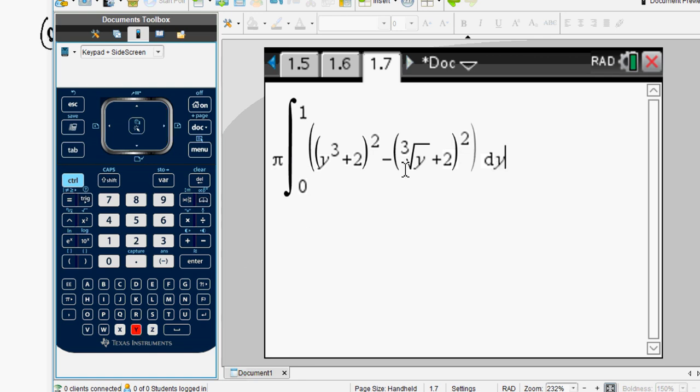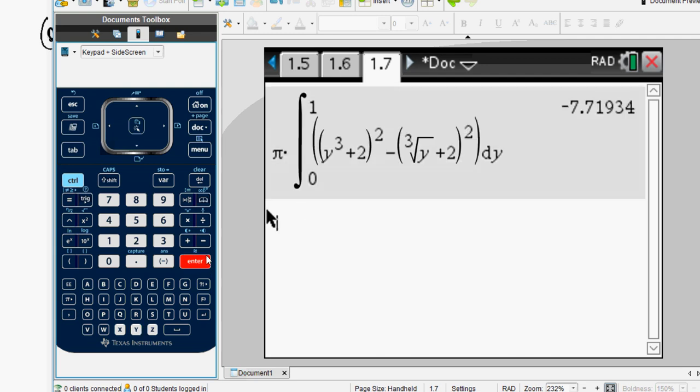And we take a second look here. We got big R squared minus little r squared. So this should be it.